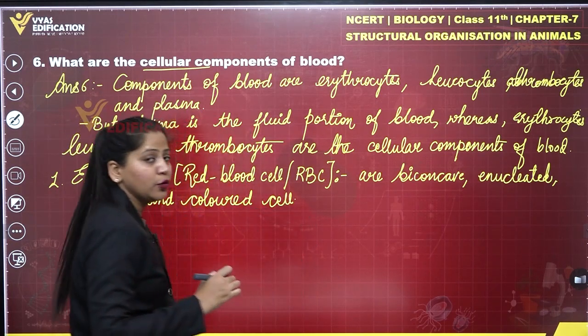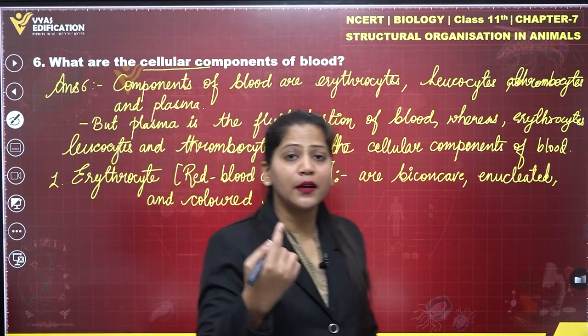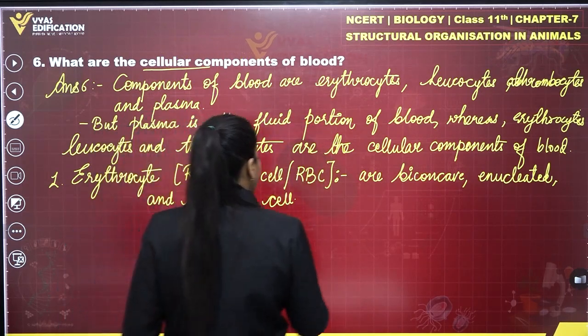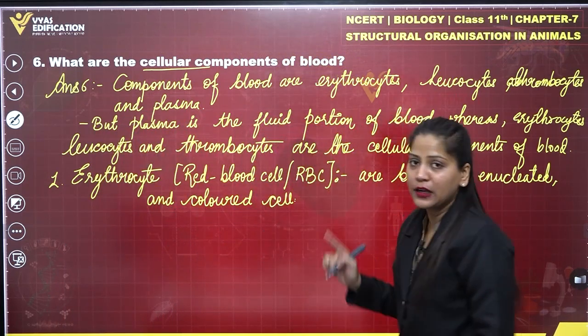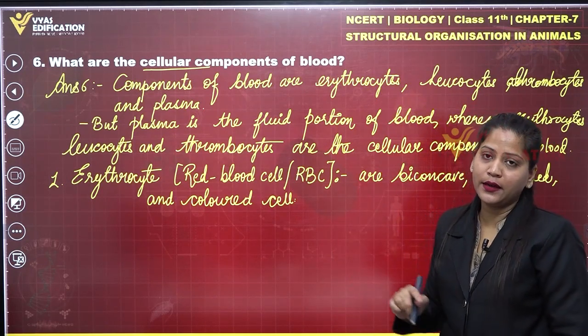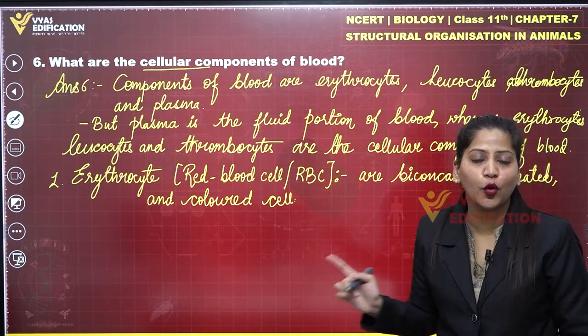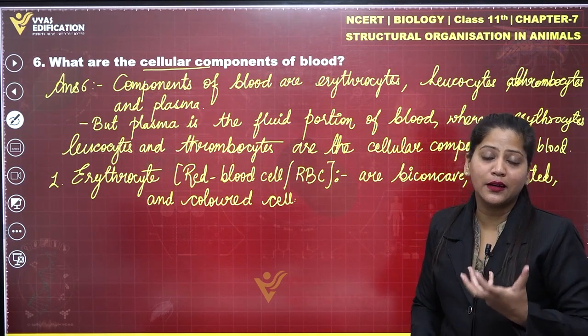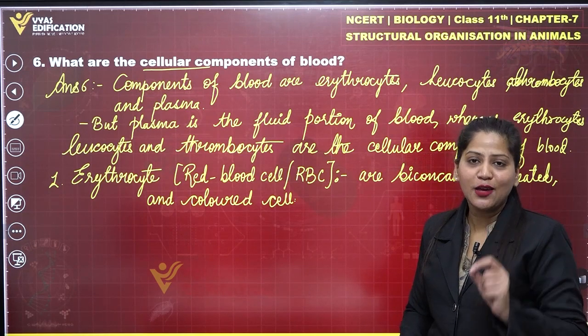Why are they colored? Because of the presence of hemoglobin pigment in them, they are colored cells, right? Mammalian erythrocytes are enucleated, and these cells are red colored because of the hemoglobin pigment.